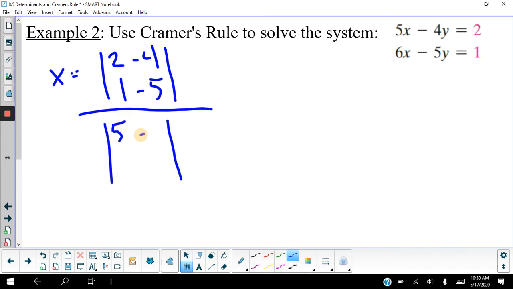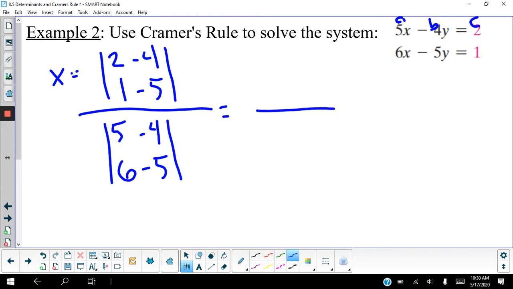So 5, negative 4, 6, negative 5, because this is A, B, and C. That's how we're finding those. I want to make sure that you're always referring back to the formulas.